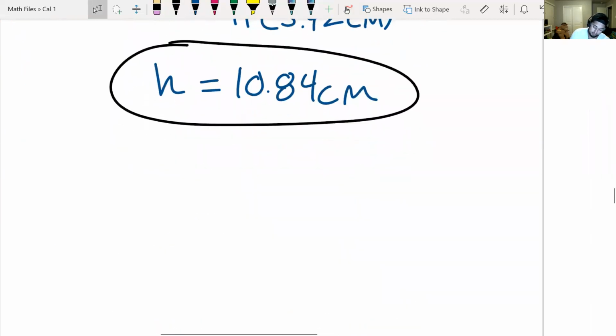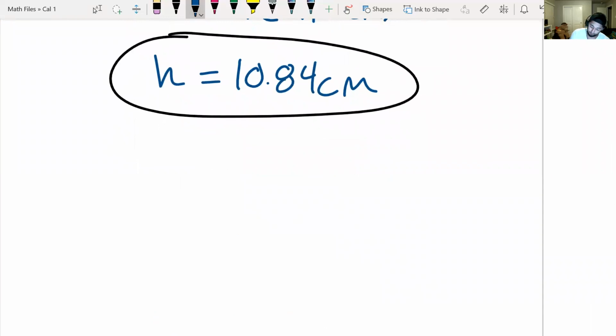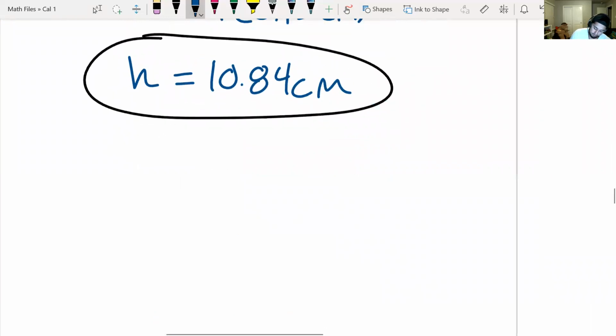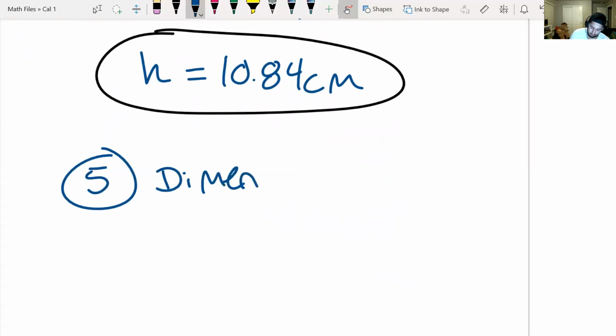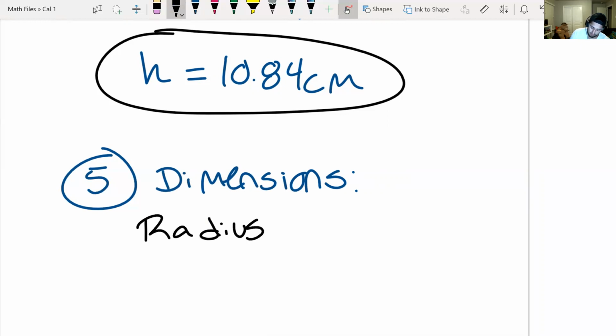So, put it together. Dimensions. Radius has to be 5.42 centimeters.